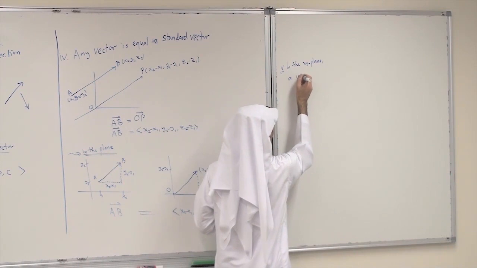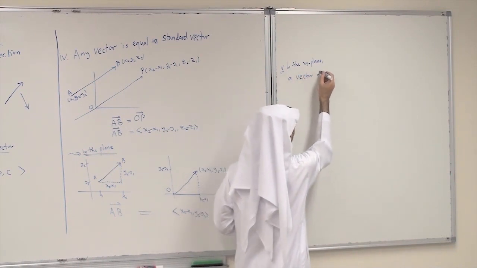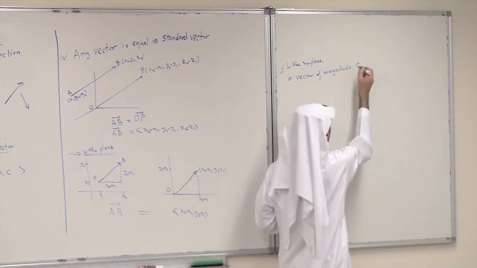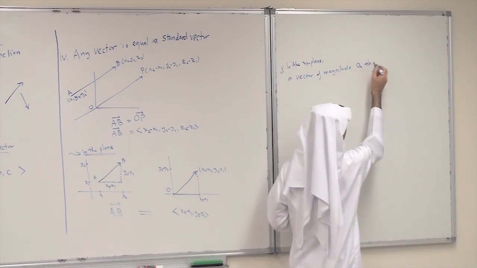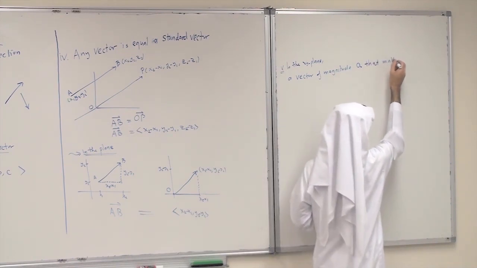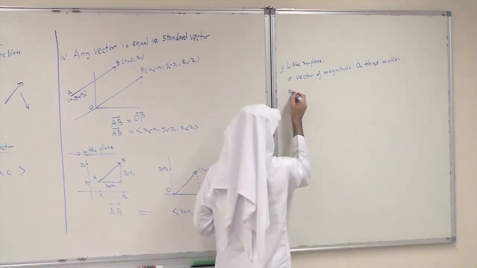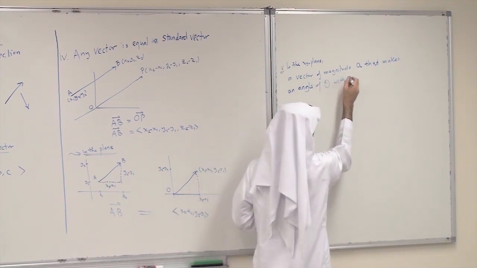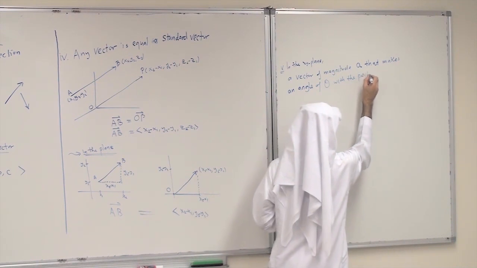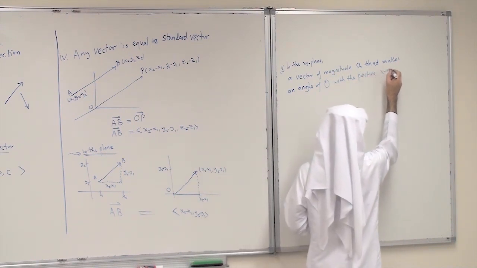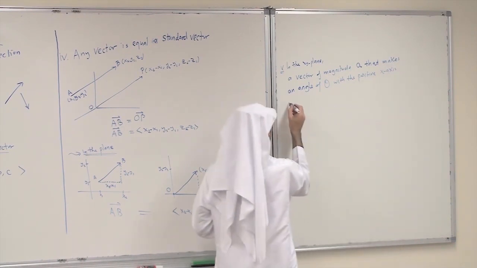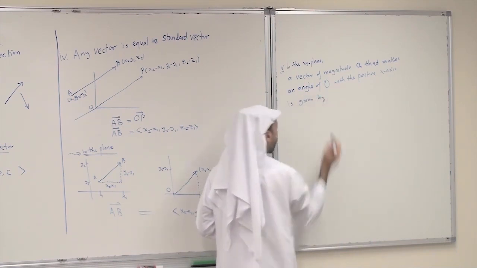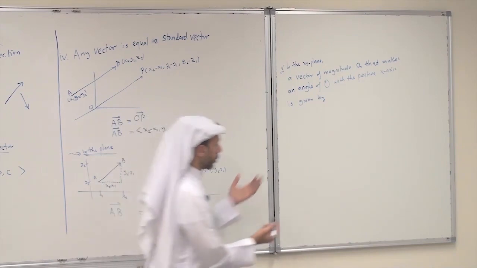Well, a vector of magnitude A that makes an angle of theta with the positive x-axis is given by... and notice here just how to find that vector.